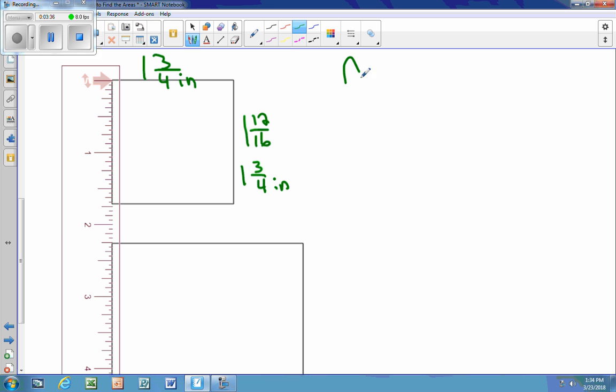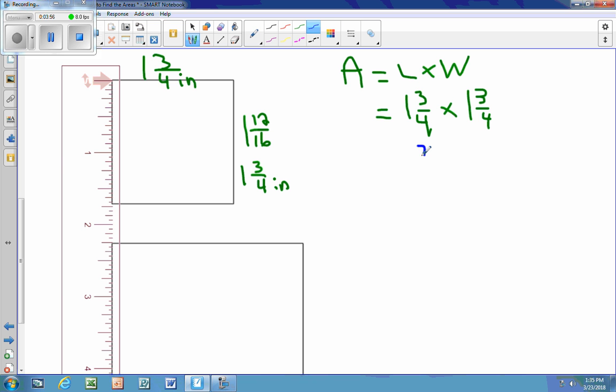So now we're going to do our area equals length times width. And our length is 1 3/4. And our width is 1 3/4. And we have to turn them into improper fractions.